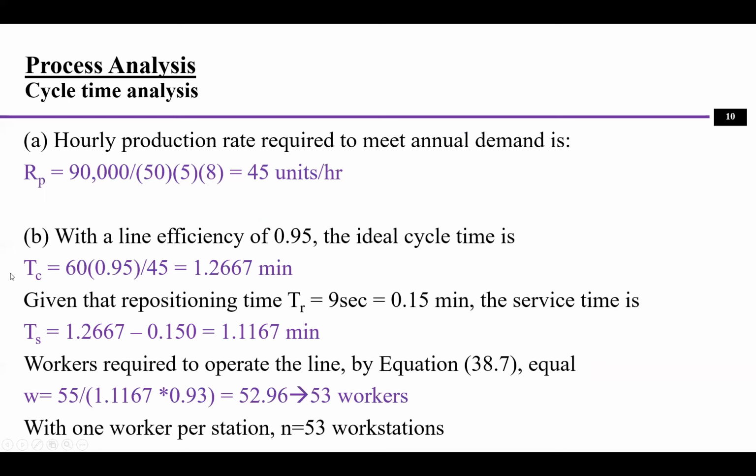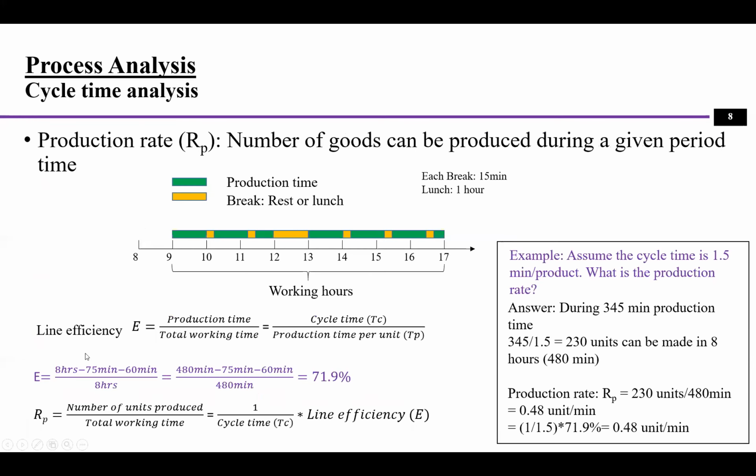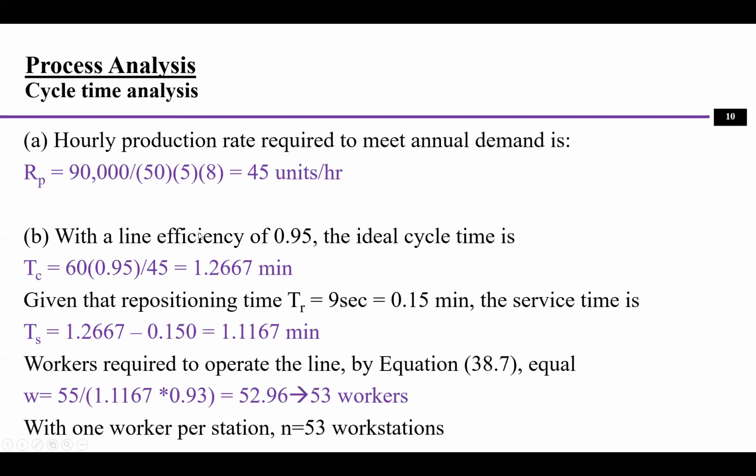How can we find the cycle time? We already know the production rate, and we can use this equation. We know the production rate and the line efficiency, so we can calculate the cycle time. This is how we start.